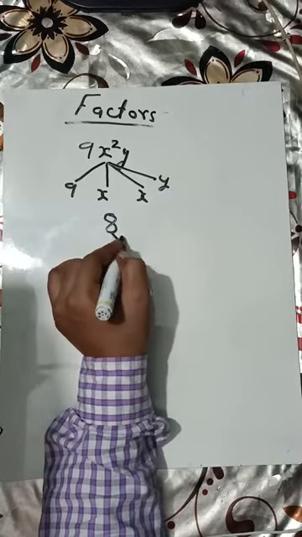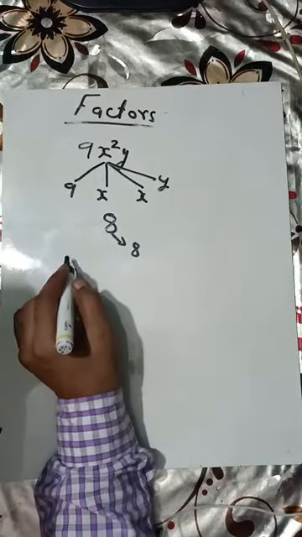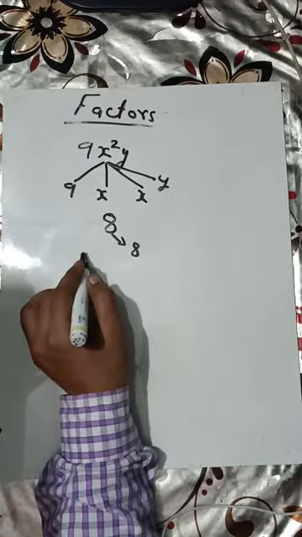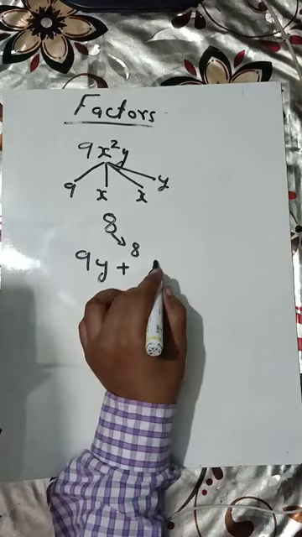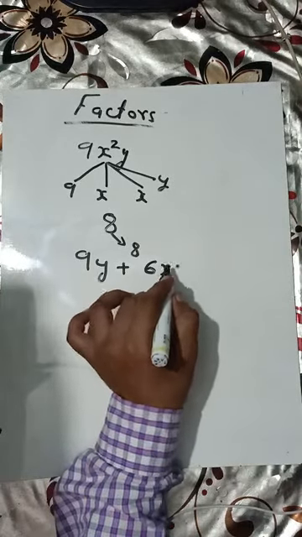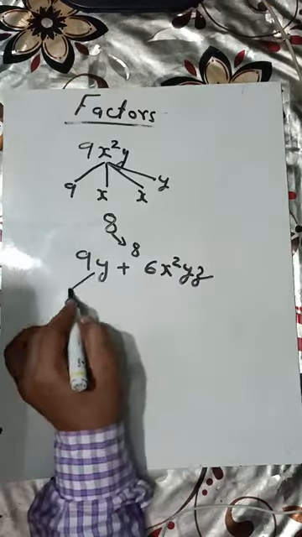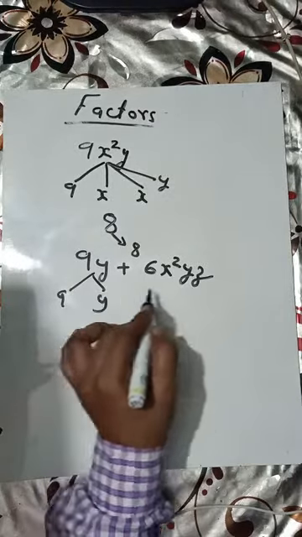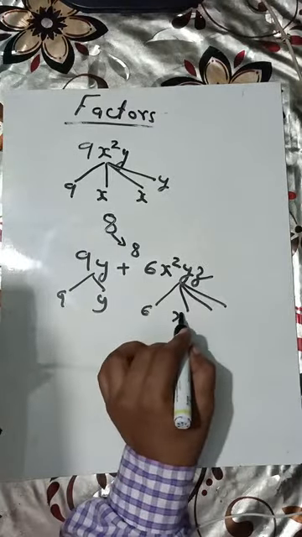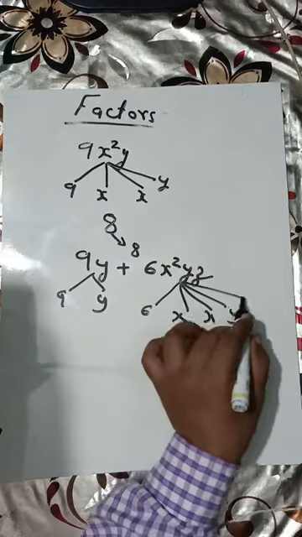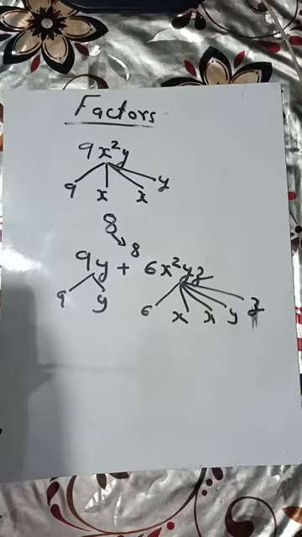The factor of 8 is 8. If you take 9y plus 6x square yz, this has factor 9y, and this has factors 6, x, x, y and z. So this is all about the factors.